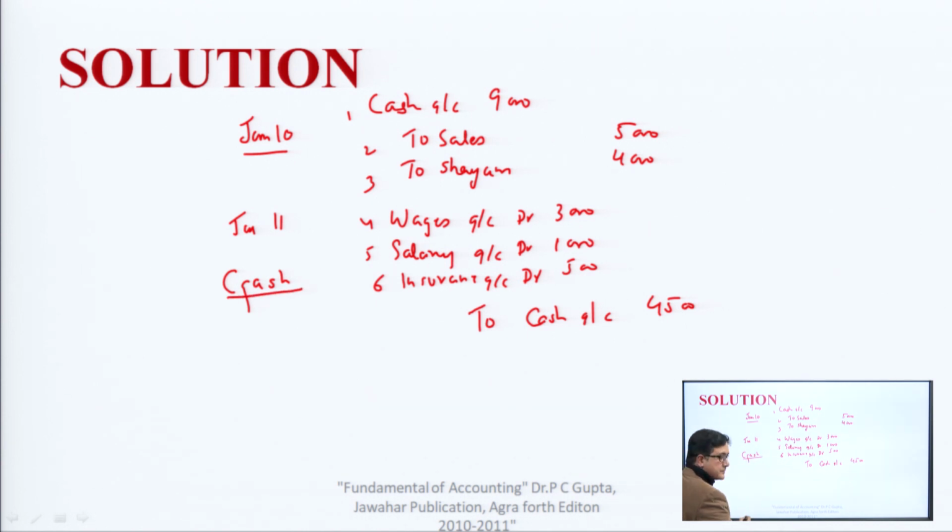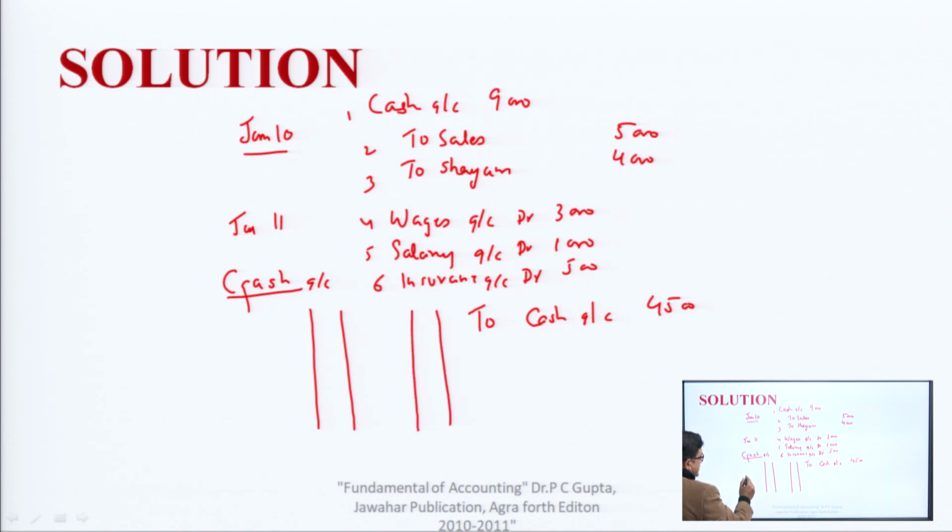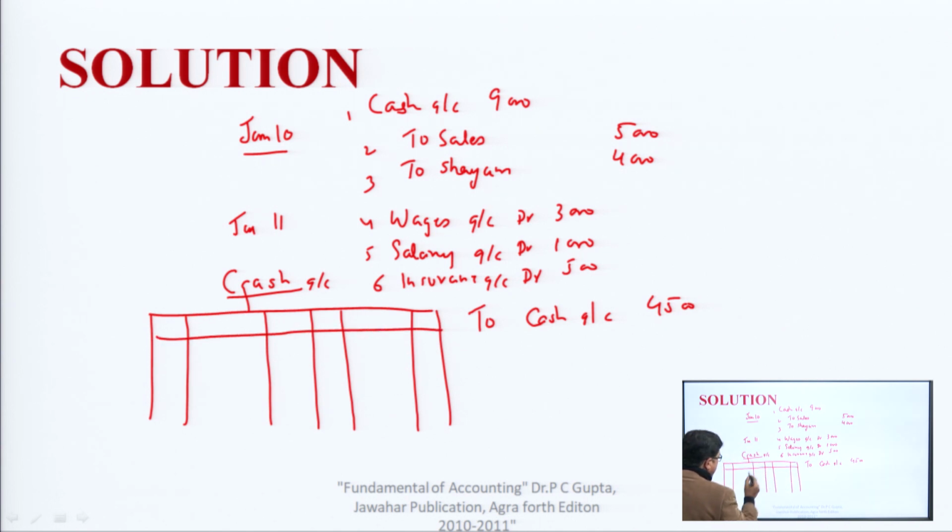I am doing the cash account ledger here, and these are the columns of the credit side, and these are the columns of the debit side. Date, I use D, P for particulars, and amount.